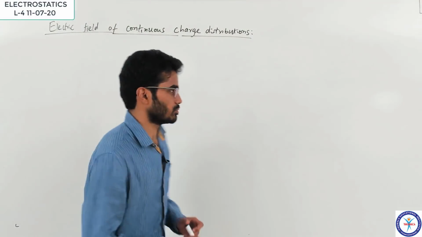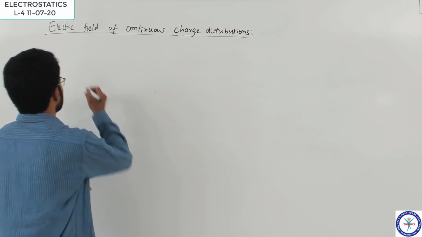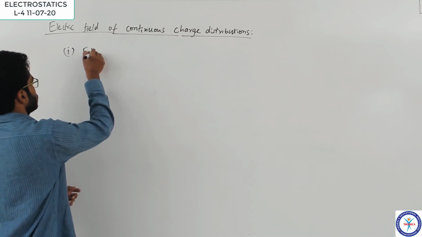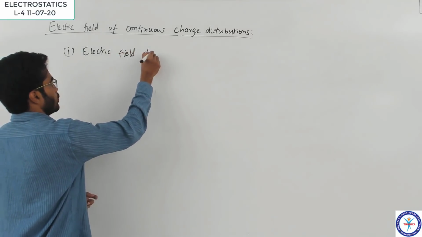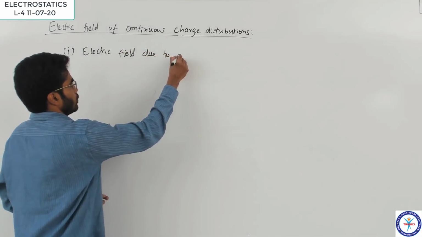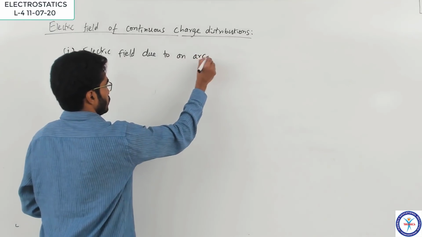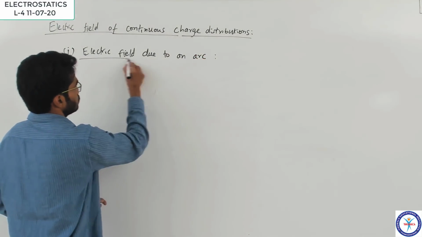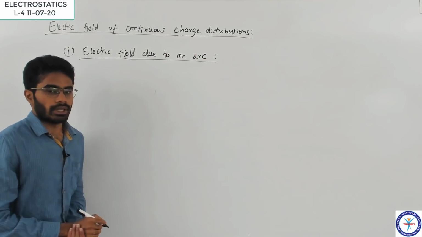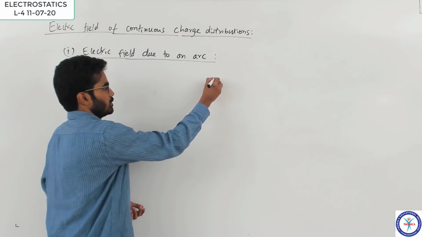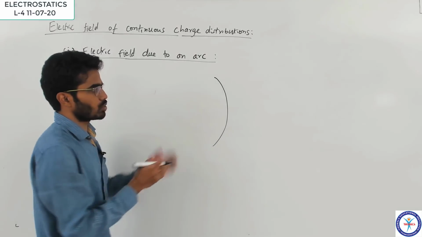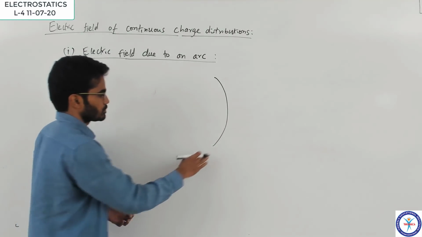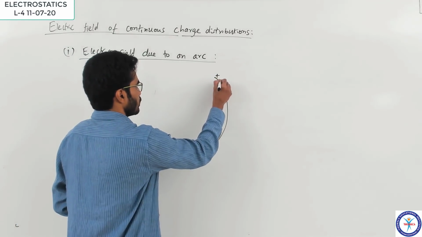So our first case: electric field due to an arc. That means we have a charge distribution, but it is a portion of a circle, right?